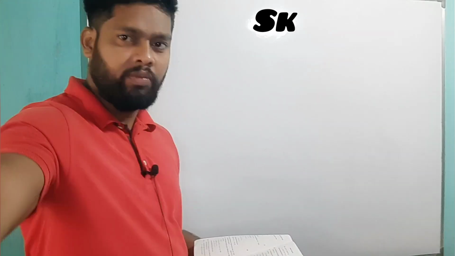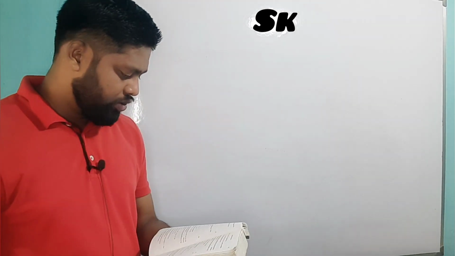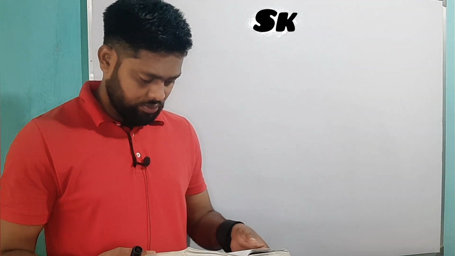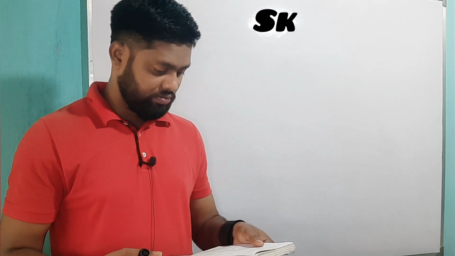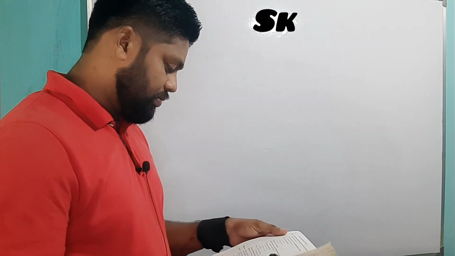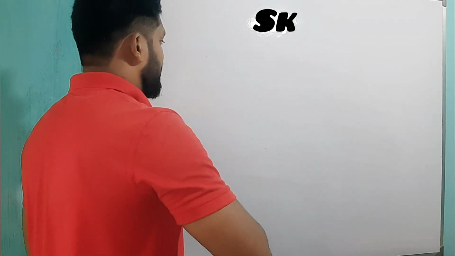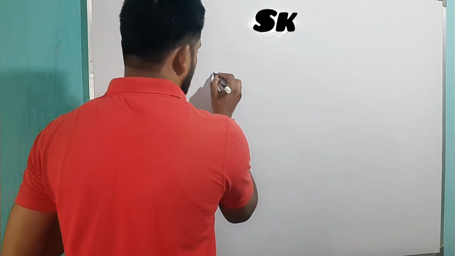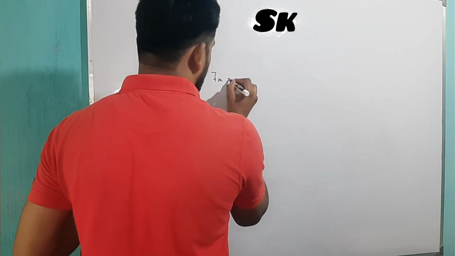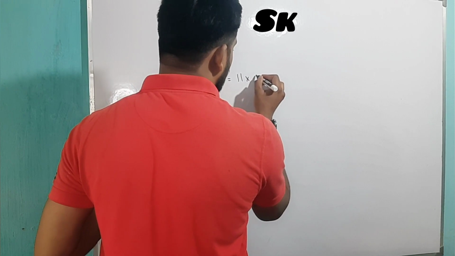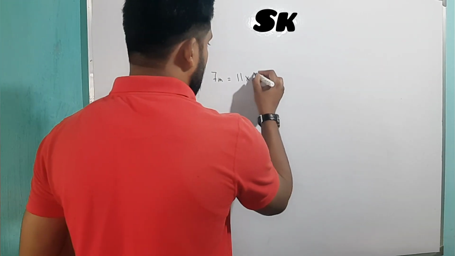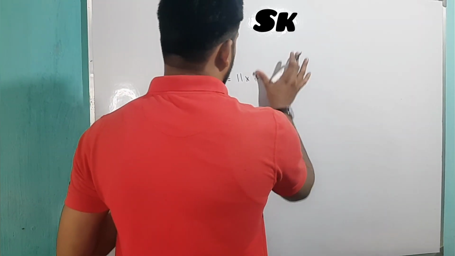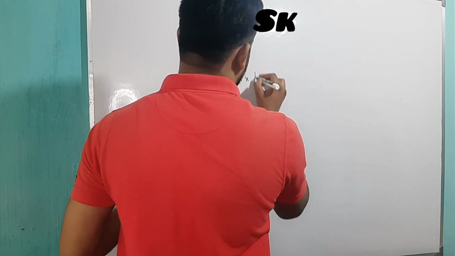Okay, the next question is, if the 7th term of an AP is equal to 11 times the 11th term. Do one thing, if this type of sum is there, the 7th term is 11 times the 11th term.